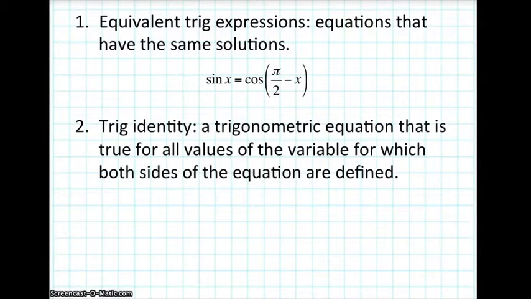And the next definition is a trig identity. A trigonometric equation that is true for all values of the variable for which both sides of the equation are defined. The same equation is also a trig identity, because for any value of x, sine x will always equal cos pi over 2 minus x.